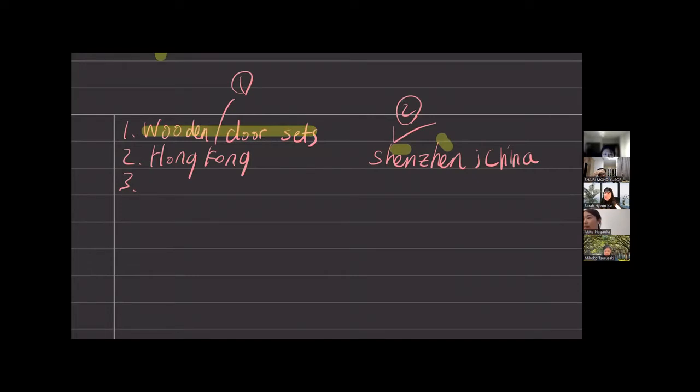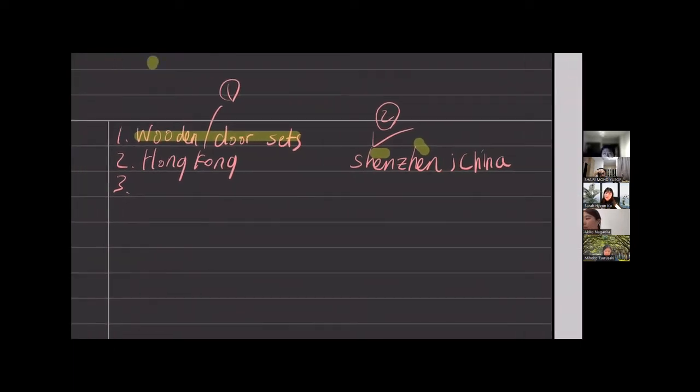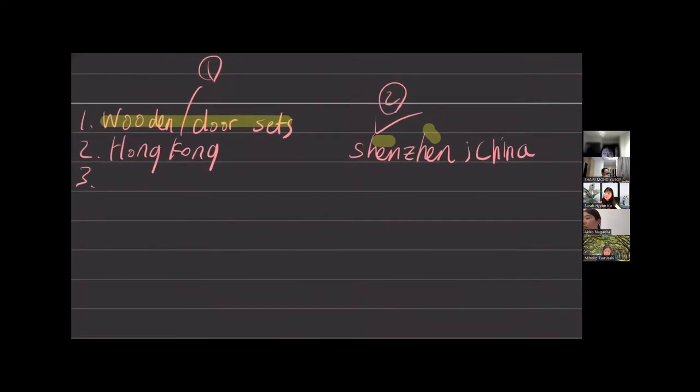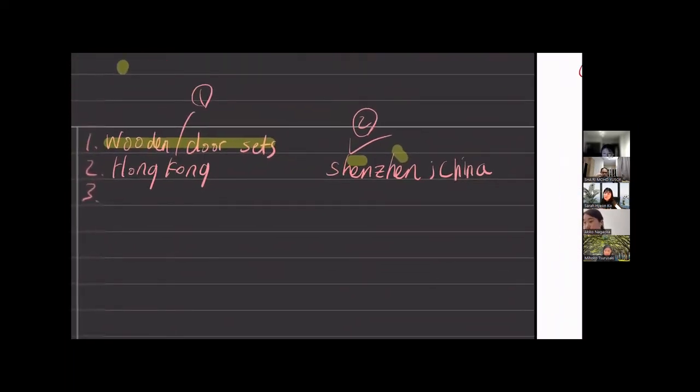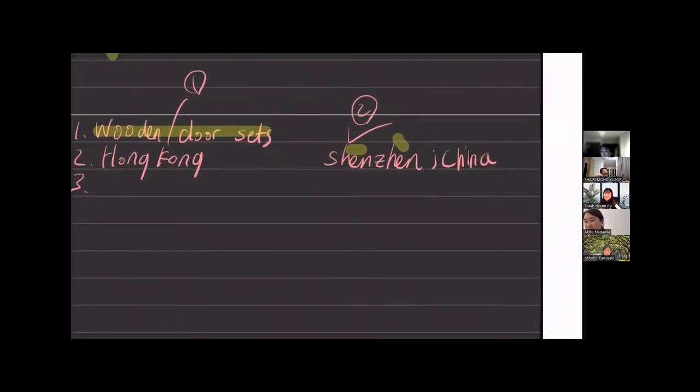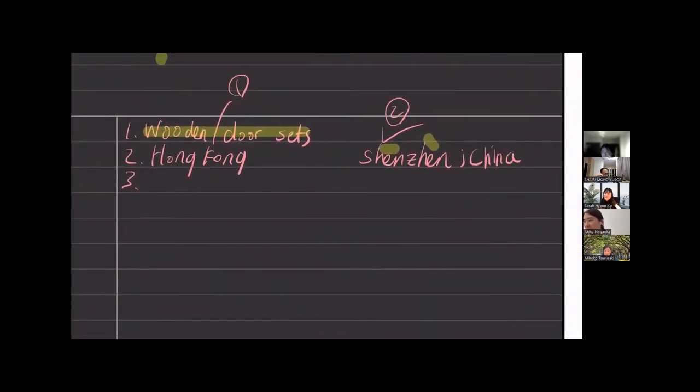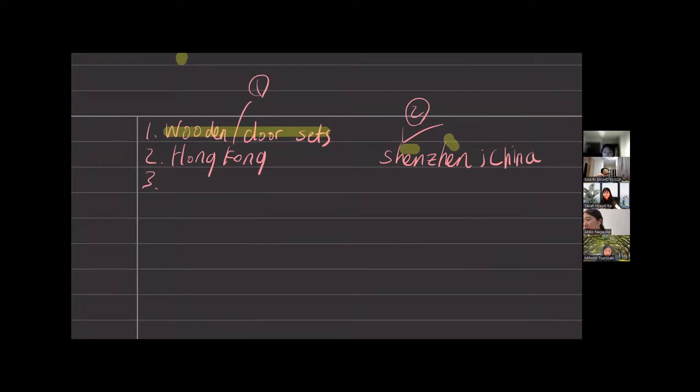And the second question is, where is the product manufactured? I think that there are 3 factories. One is located in Hong Kong, and the others are located in Shenzhen. Do you agree, Akiko? Maybe we mean it's the company in Hong Kong.